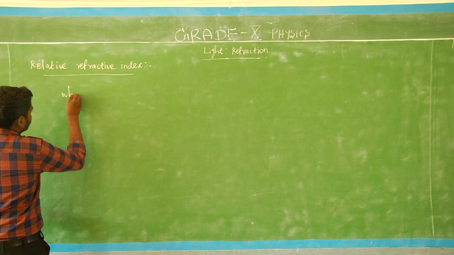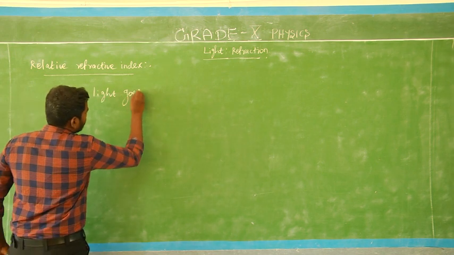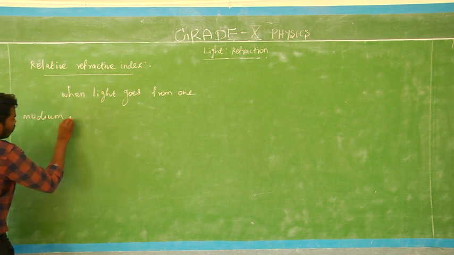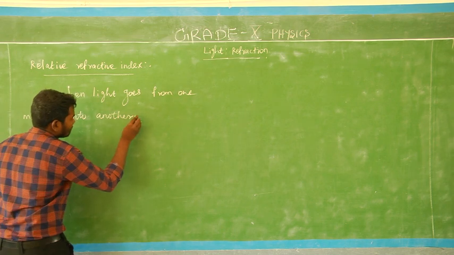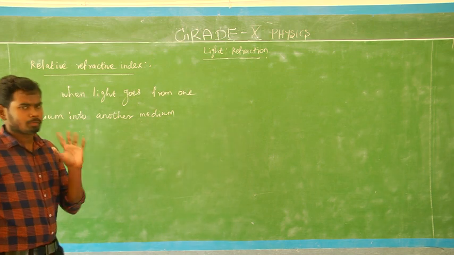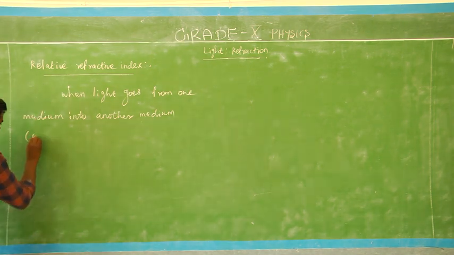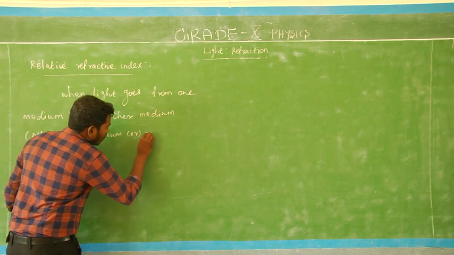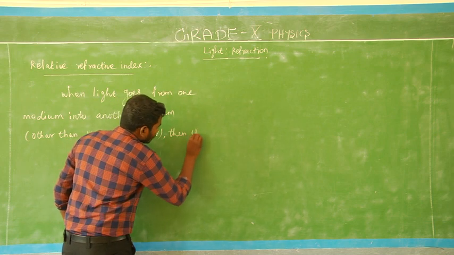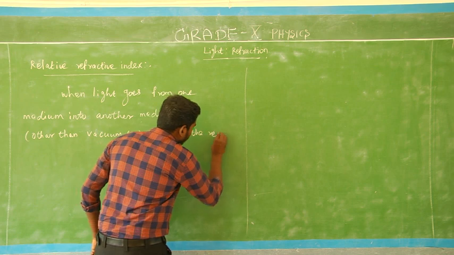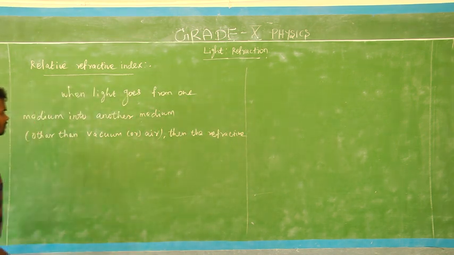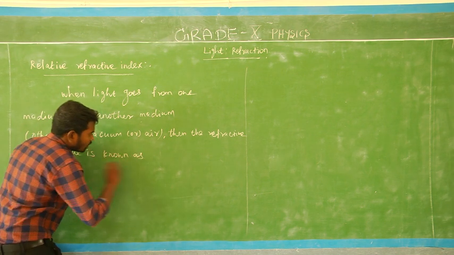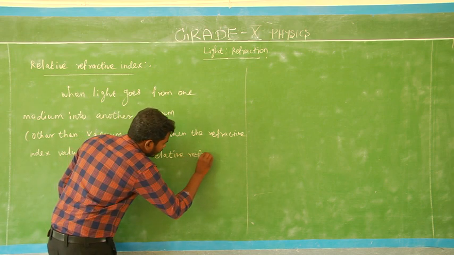I'll write the definition. Look here. When light goes from one medium into another medium, except vacuum or air, then the refractive index value is known as relative refractive index.